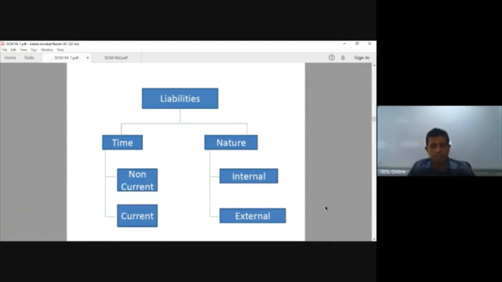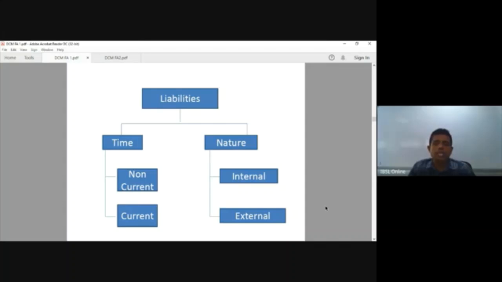Therefore, normally we categorize the external liabilities based on time, not the internal liabilities. Because for internal liabilities or the equity, there is no time to repay them. We only repay that internal liability or the equity at the time of dissolution.